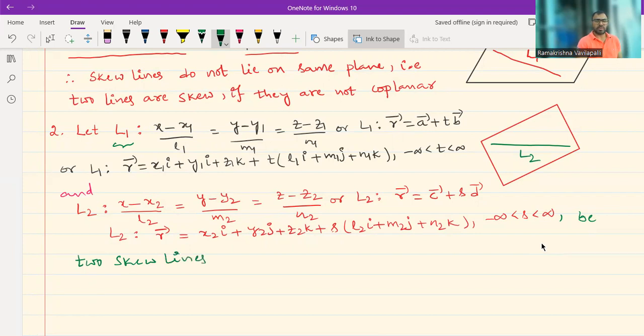They are not coplanar. Not coplanar means the box product [c bar minus a bar, b bar, d bar] is not equal to 0. If this box product is 0, then they are coplanar.